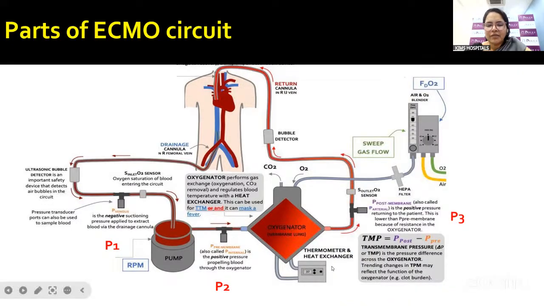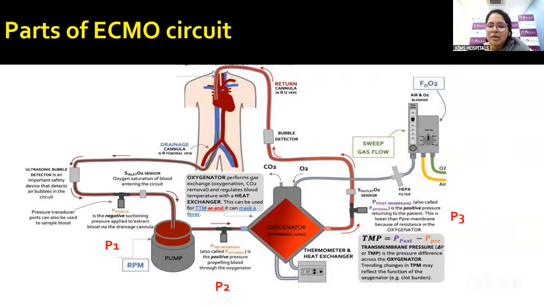Later we have P3, which is the post-membrane pressure, and P2 minus P3 is one of the important concepts to monitor the integrity of the oxygenator or the membrane lung, called the transmembrane pressure gradient. So this delta P, that is P2 minus P3, also called transmembrane pressure, is the pressure difference across the oxygenator.